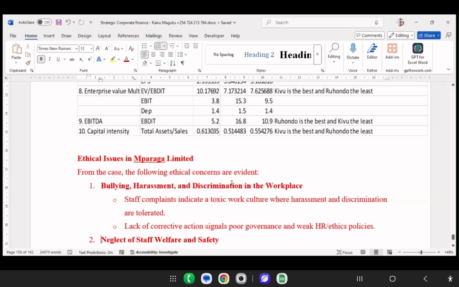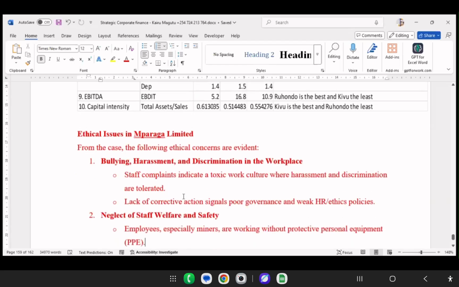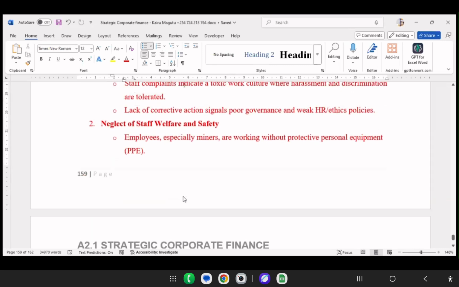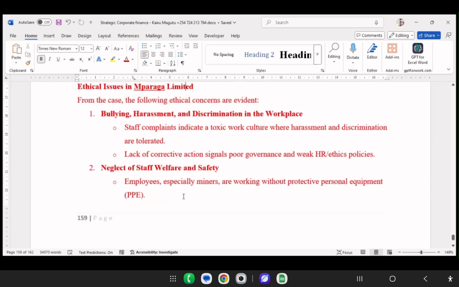Ethical issues in Mparaga Limited. Number 1, bullying, harassment, and discrimination in the workplace. Staff complaints indicate a toxic work culture where harassment and discrimination are tolerated.